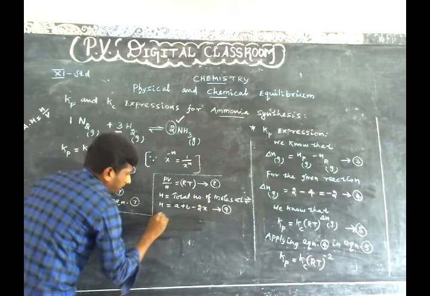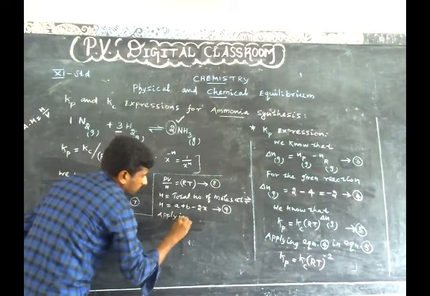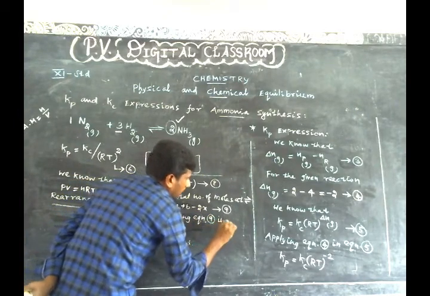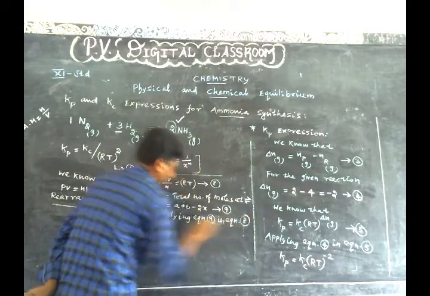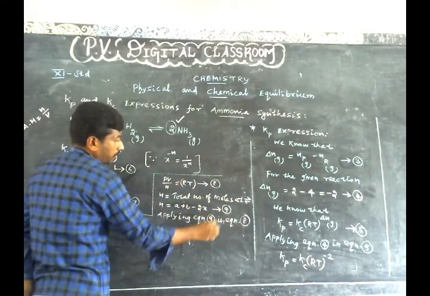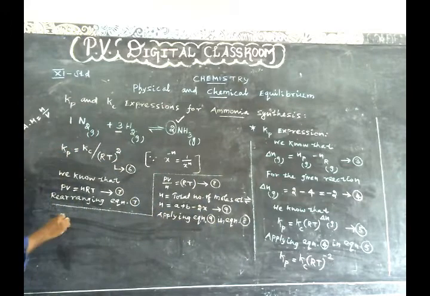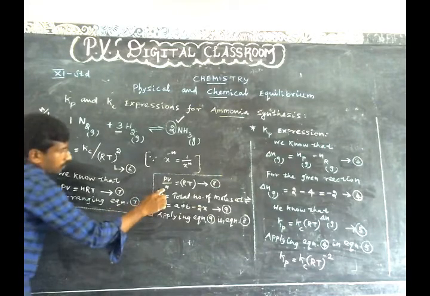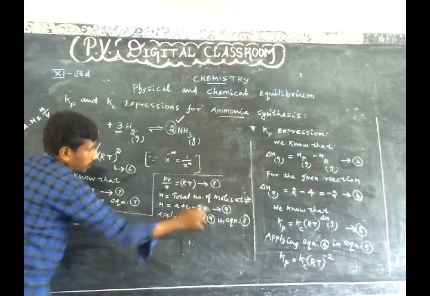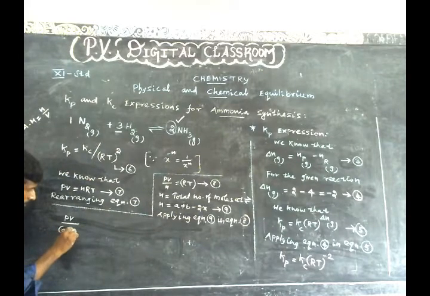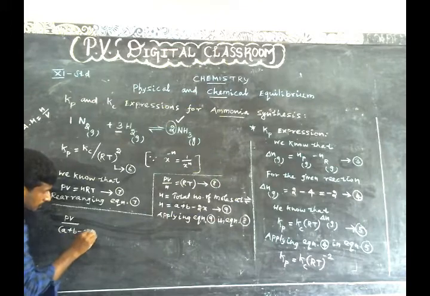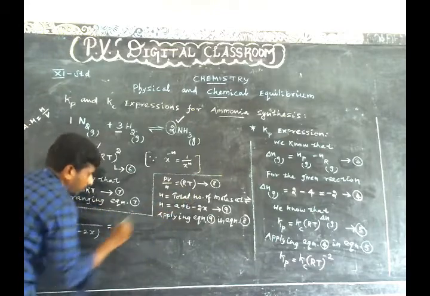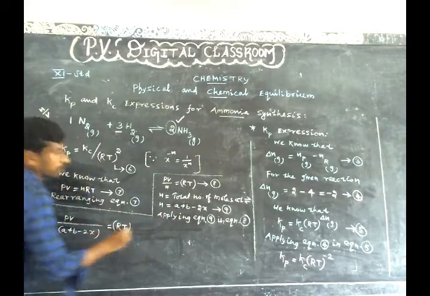Applying equation number 9 in equation number 8, PV divided by n is replaced by A plus B minus 2x, is equal to RT. This is equation number 10.